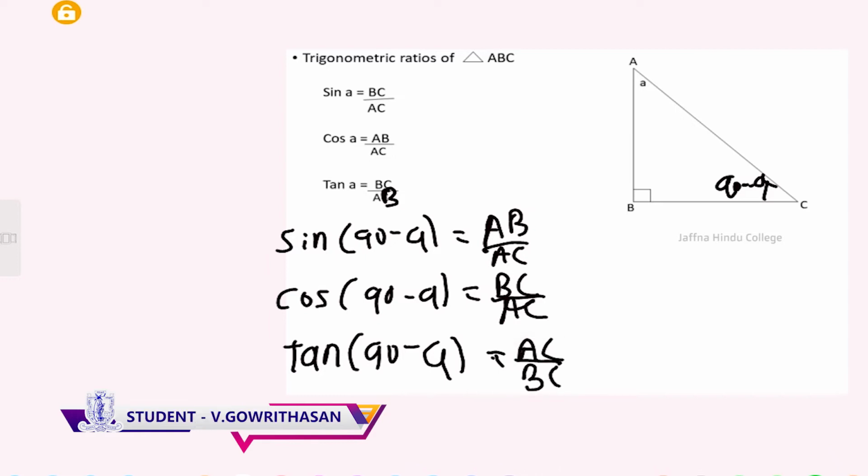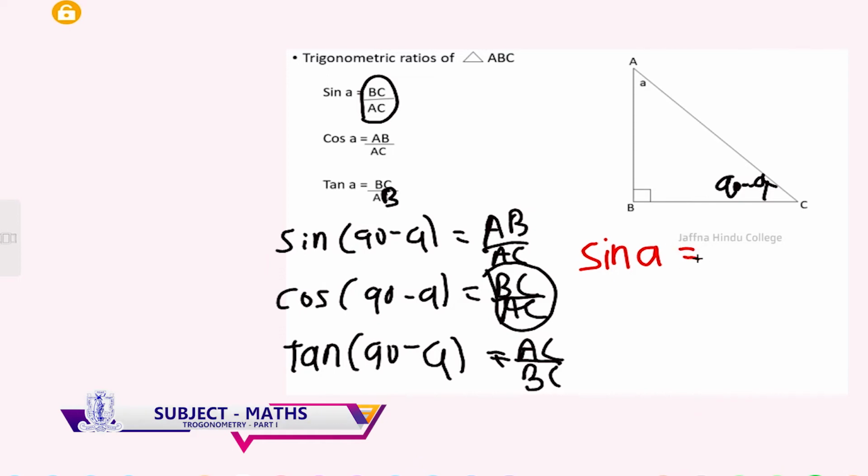If you look at this, some of the values are equal. This value and this value are equal. Therefore, we say sin A is equal to cos(90 minus A).